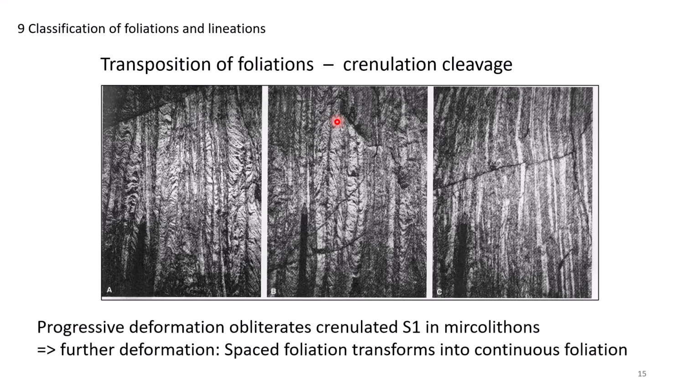event. And here in the third part, we see that these relics of the S1 and the crenulation are largely obliterated. Here we see a dominant second generation foliation with newly formed microlithons and newly formed cleavage domains.